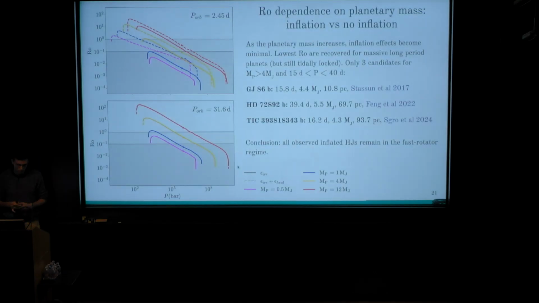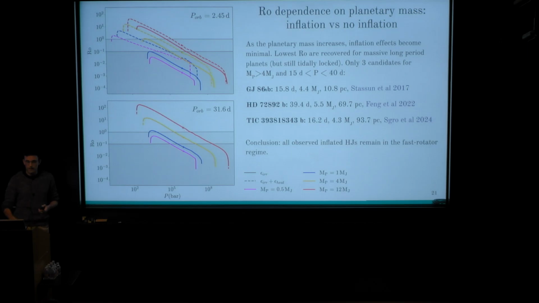We only found a couple of exceptions where the Rossby number is above 0.1 or even above 1, which is for the large planets orbiting far away from the star. Far away, but still tidally locked. And some people would not even say that they are hot Jupiters. In this case, it's about periods of 30 days. And you can see that a chunk of this 12 Jupiter mass planet is above 0.1.